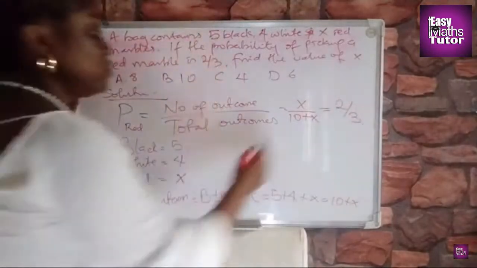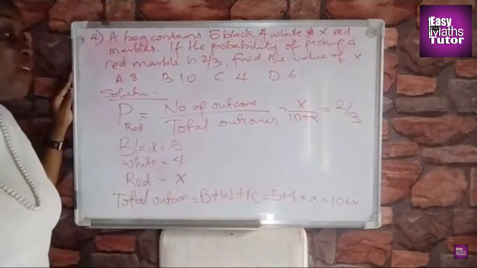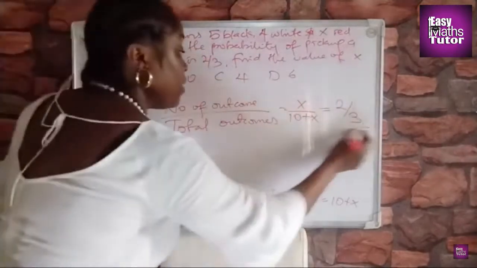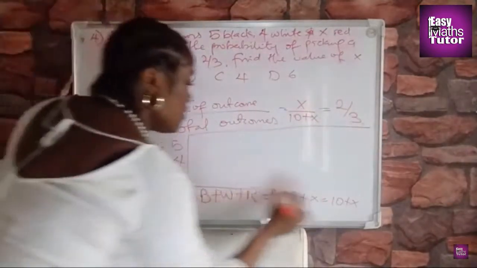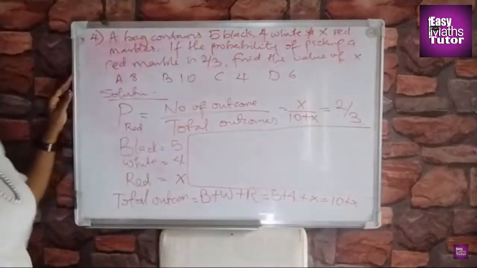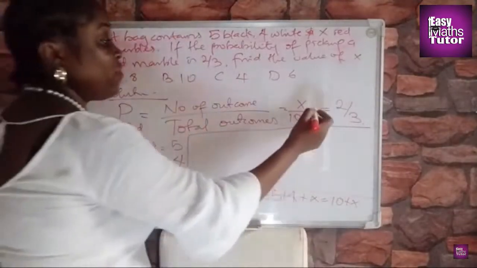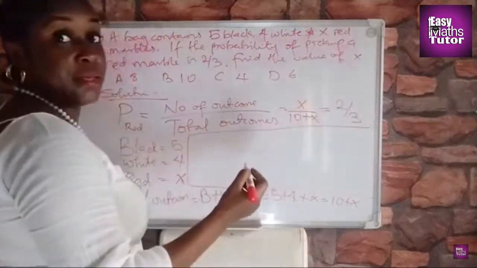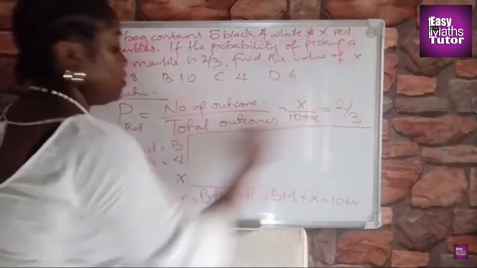So we're going to simplify this and find the value of X, and then we have our answer. We're going to cover this little space to complete the problem. If we cross multiply, we have 3X.